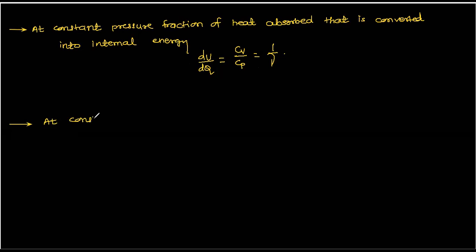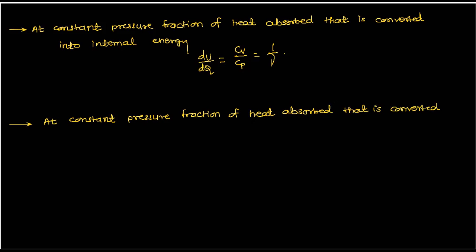At constant pressure, the fraction of heat absorbed that is converted into external work done is dW by dQ, that is equal to nR dT divided by nCp dT.